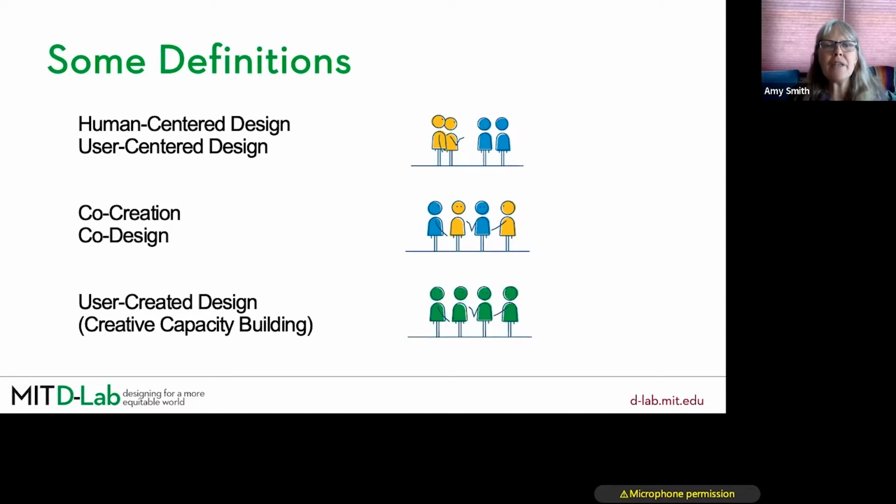Right. And then this idea of user-created design, or what we refer to at D-Lab as creative capacity building, is where you train the users to become designers. So you can see the blue and yellow blending to make green.